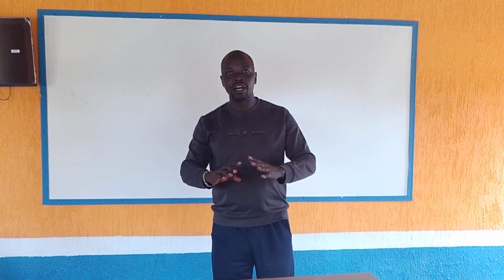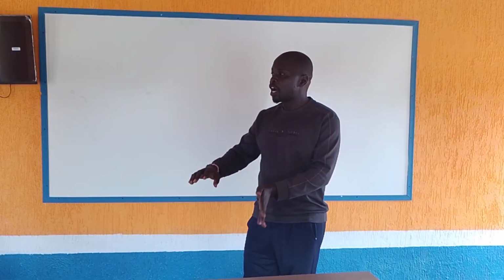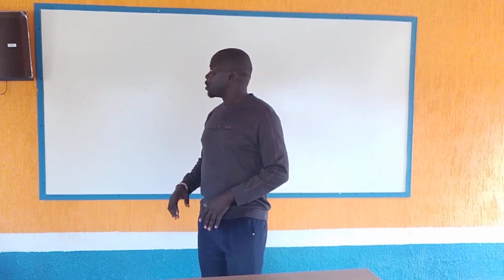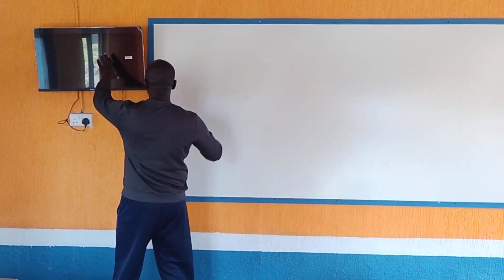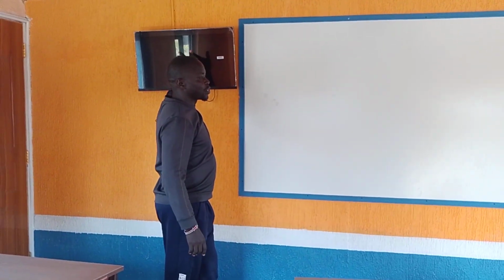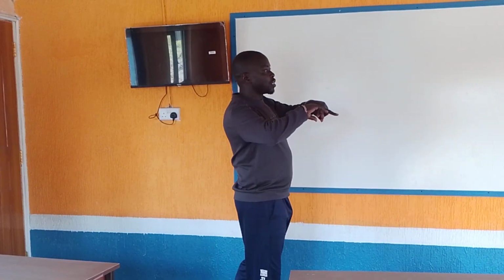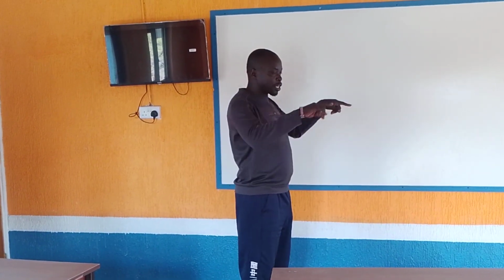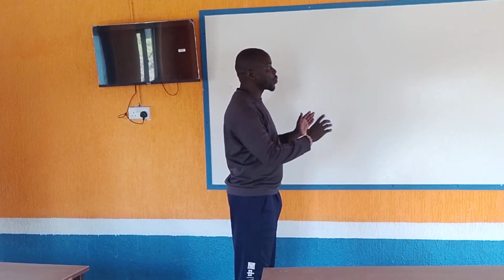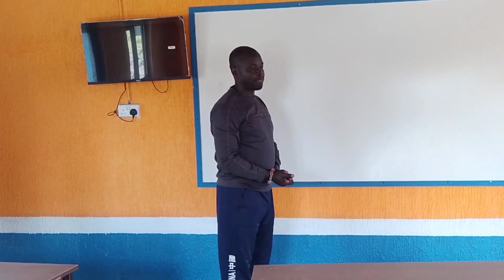The stage is where we display our program after writing it. In this class, this is our stage, and the stage is like a screen. But before we come to the stage, there is something we call the Scratch script area. The script area is where we write our program.